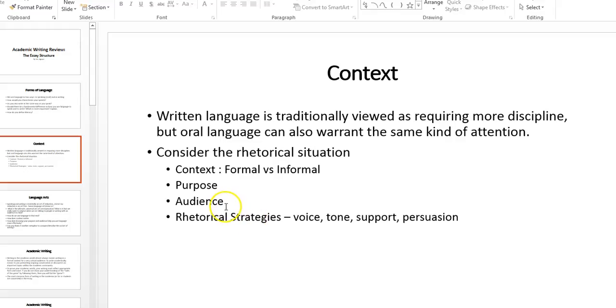Okay, and your audience is very, very important. You have to always know who you're writing for so that you know how to appeal to them in your writing, right?